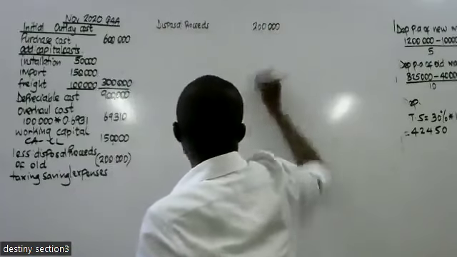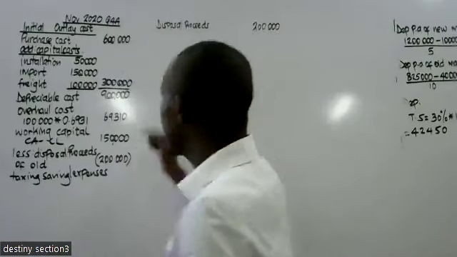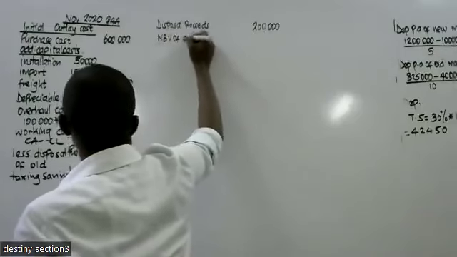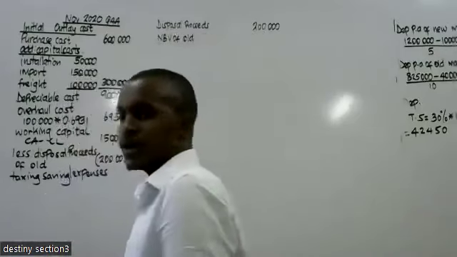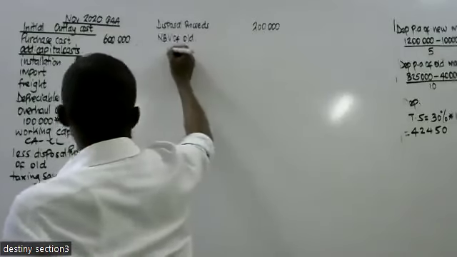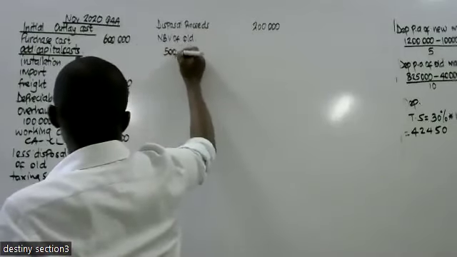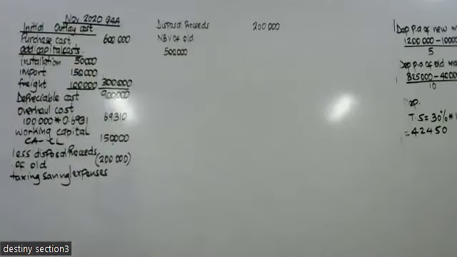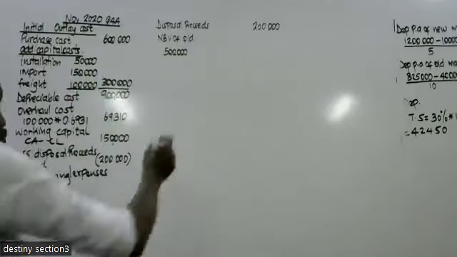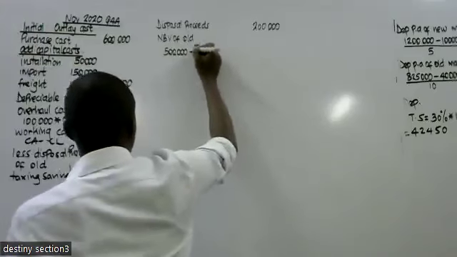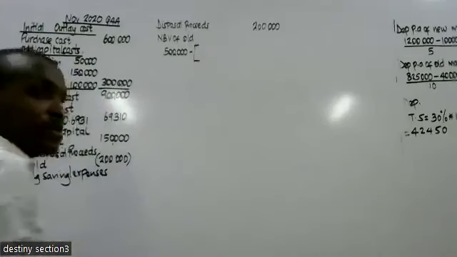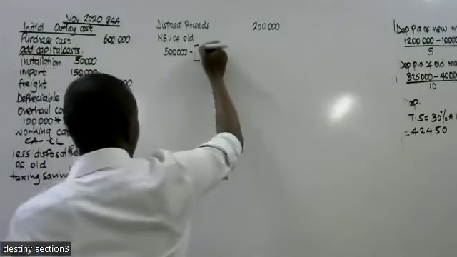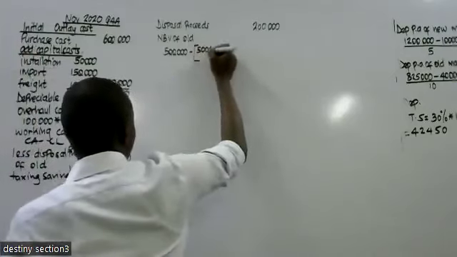So then you get the net book value of gold, sawa? The cost ilikuwa ngapi? Yeah, 500. We know the net book value is normally the cost minus accumulated depreciation, which is based on the straight line basis. So it is 500,000 minus annual depreciation.